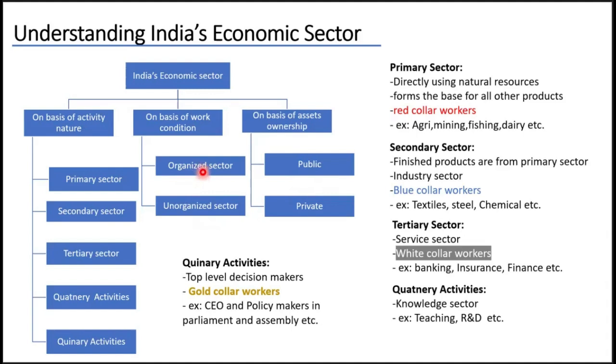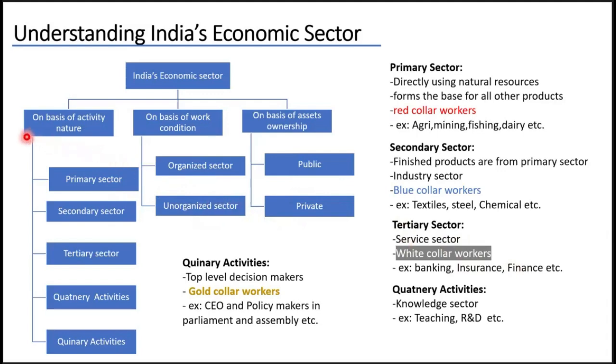For example, banks. And companies which are not following the laws, compliances, especially minimum wages to employees, are called unorganized sector. We can give example for these, some of the infrastructure companies in India.